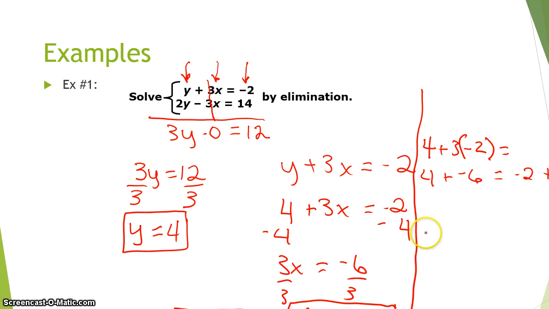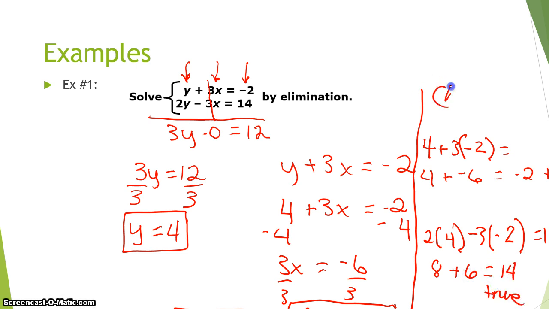Let's use the second equation. 2 times my y, which is 4, minus 3 times my x, which is negative 2. Does that equal 14? Well, I have 8 plus 6, which equals 14, and that is also true. So this is my check step here to make sure the ordered pair I solved for does work with these two equations to make them true.